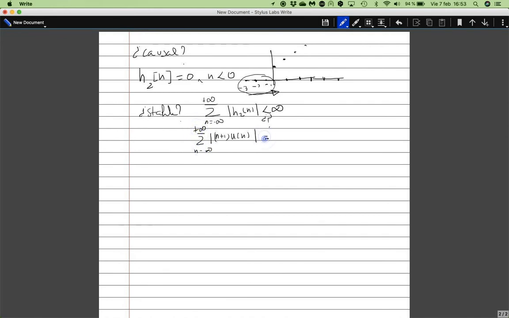Okay. And this basically is the area, summing all these values. This is the summation from 0 to infinity of all the values of the signal, which is n plus 1. So basically I have used u of n to change this limit from minus infinity to 0, and basically this tends to infinity. So the system is not stable.